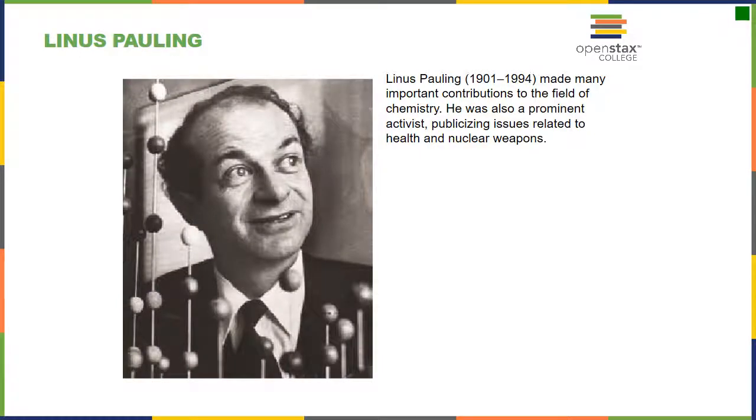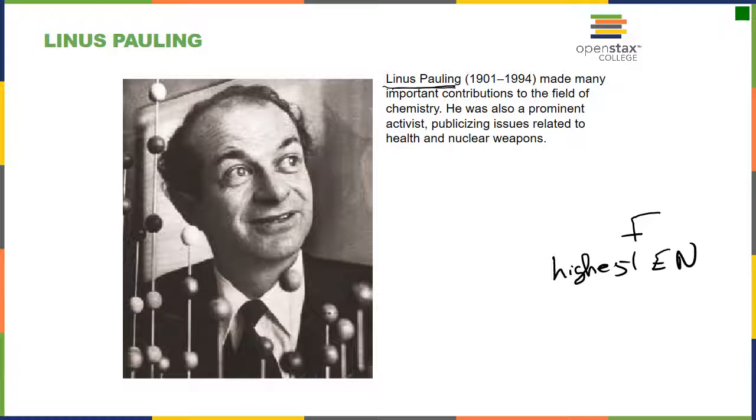The electronegativity scale was introduced by Linus Pauling. He made a number of contributions and was a Nobel Prize winner in chemistry. And what he said is that fluorine, if we look at it on the periodic table, is going to be the most stabilized by the gain of electrons, and it is going to have the highest electronegativity.